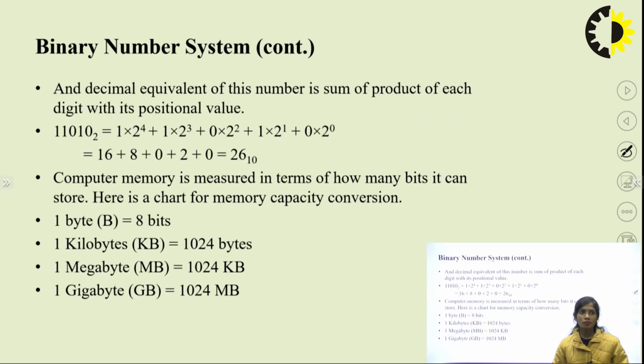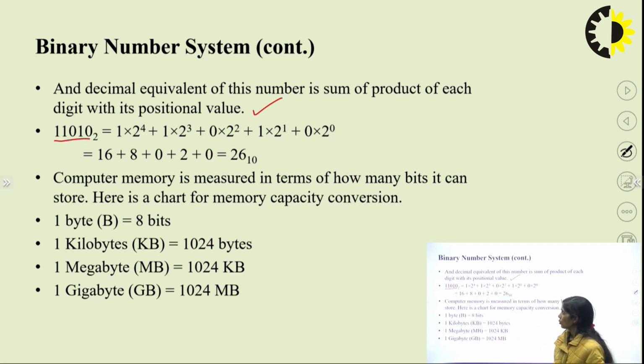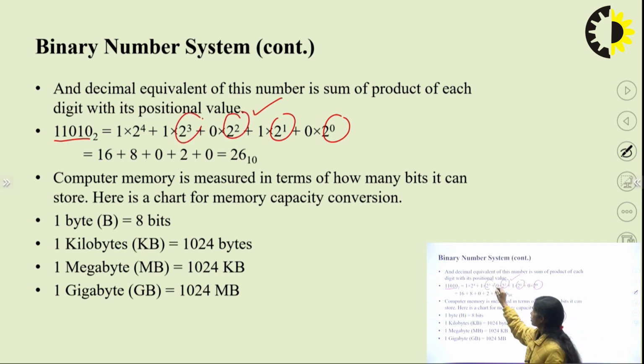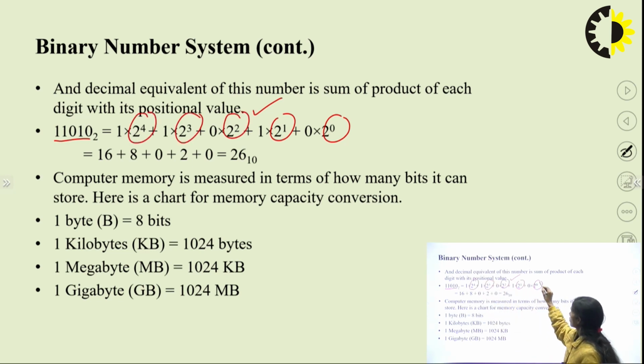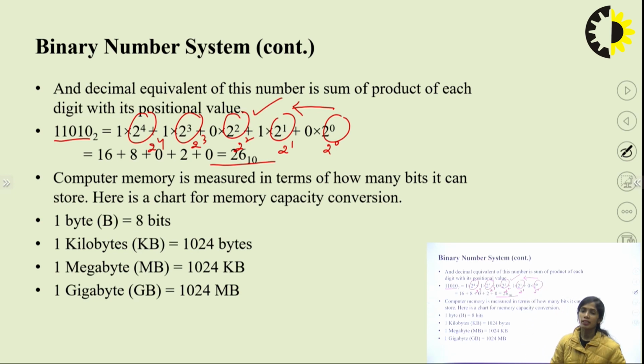If we calculate a binary number using the positional values, if the binary value is 11010, each bit will be multiplied with the positional weightage taken in the order of powers of 2 in increasing order: 2 to the power 0, 2 to the power 1, 2 to the power 2, 2 to the power 3, 2 to the power 4, and this will give you the equivalent decimal number.